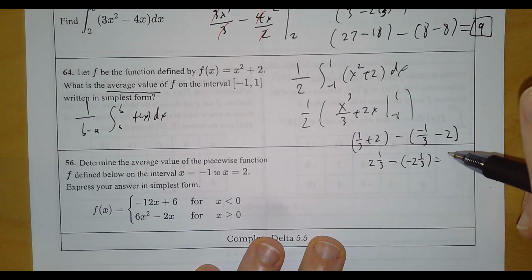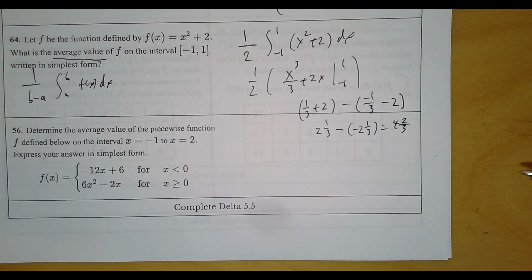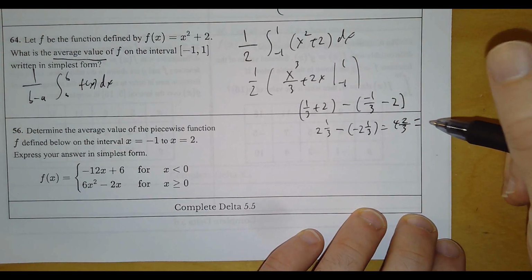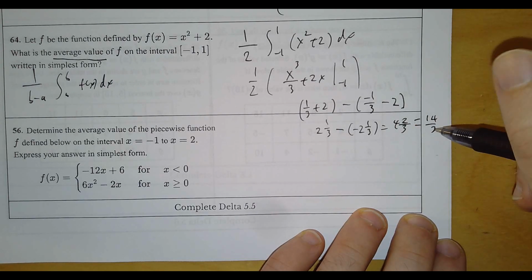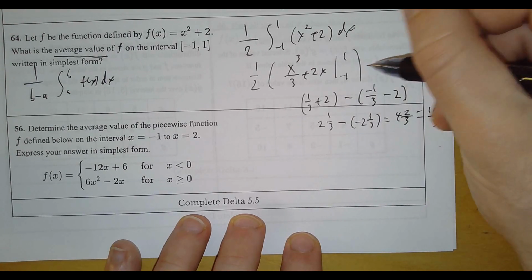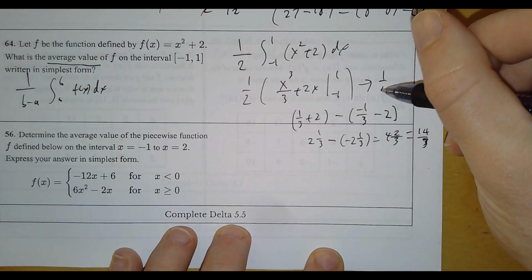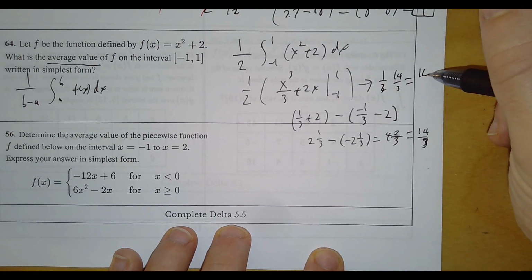So we're going to get 4 2/3, which is the same as 14/3. I just multiplied 4 top and bottom by 3, and 12 plus 2 is 14, so it's 14/3. So what we have over here is 1/2 times 14/3. So the answer is 14 over 6.